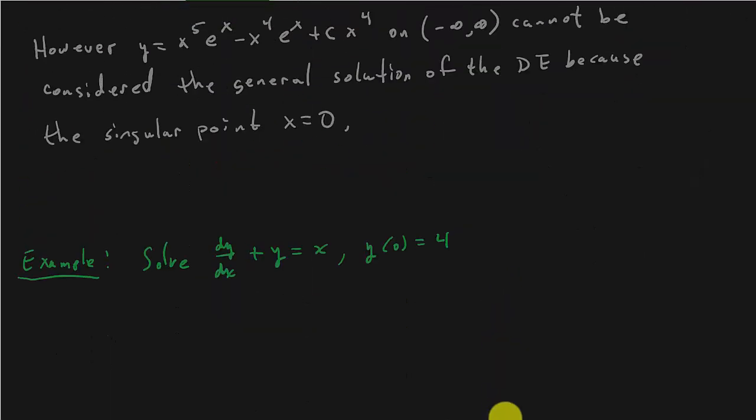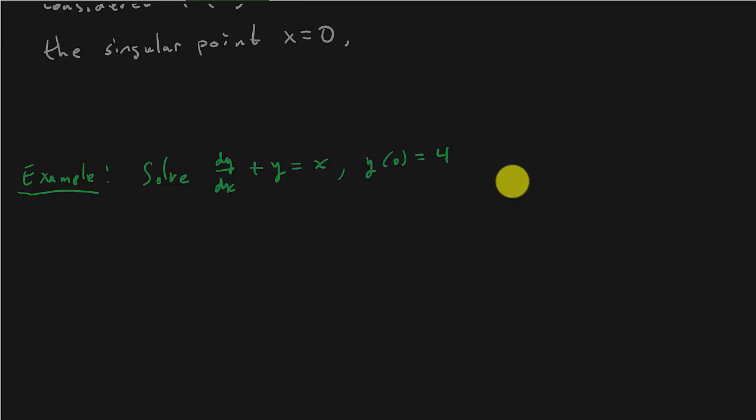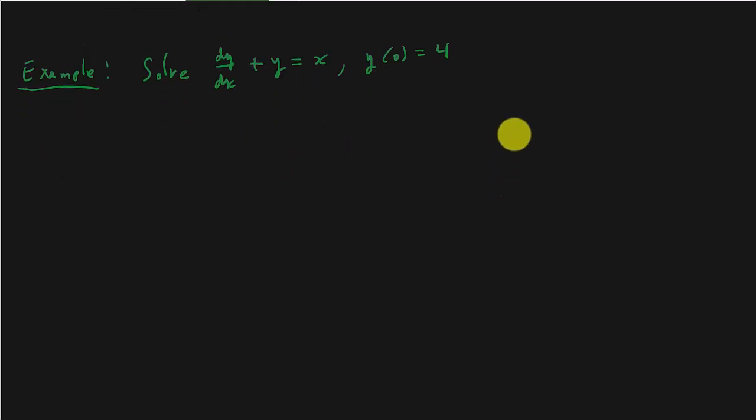All right, so I just wanted to kind of mention that just a little bit, but yeah, that's really all it is. All right, so let's look at an initial value problem. See, they tell us that y of 0 equals 4 here. So let's solve this. This is already in standard form. So I've got p of x is equal to 1.